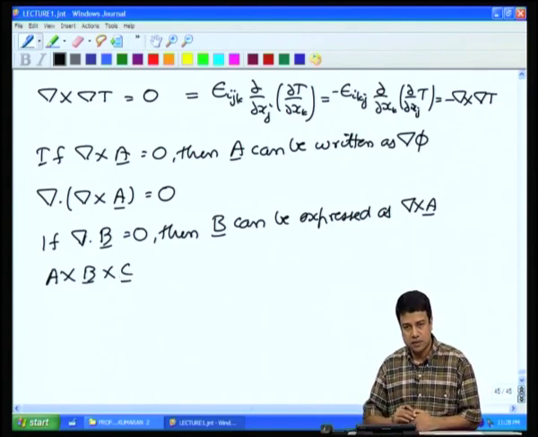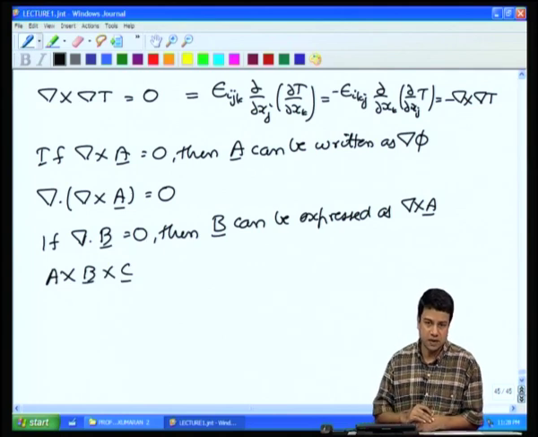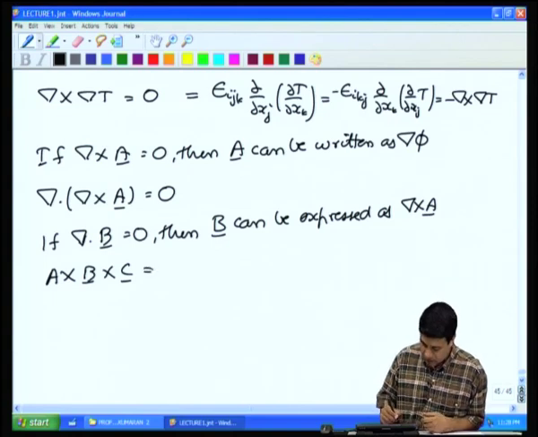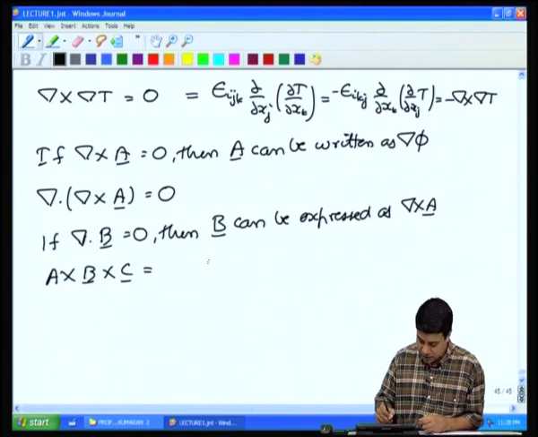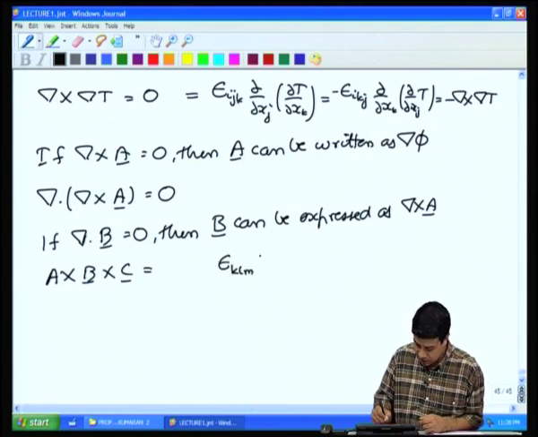If there is one cross product, it becomes a pseudo vector, because the direction changes sign when you go from a right to a left handed coordinate system. If there are two cross products, both of those change sign, and so you get back a real vector. If I were to write this in longhand notation, I would write B cross C as epsilon k L m B L C m.